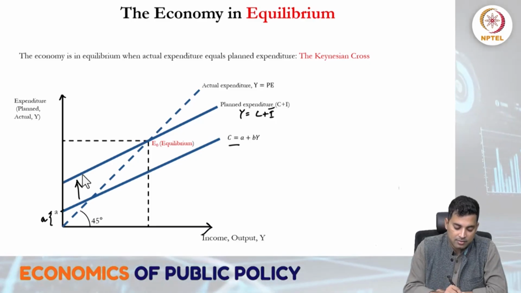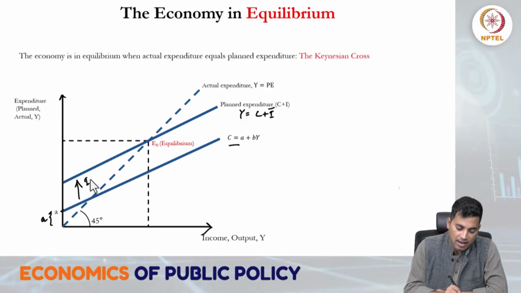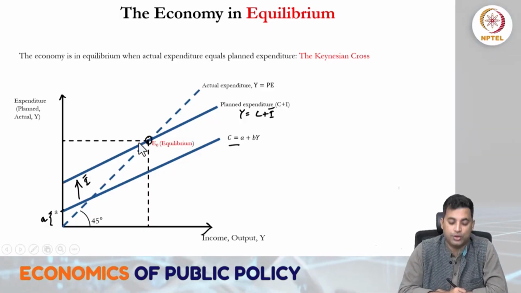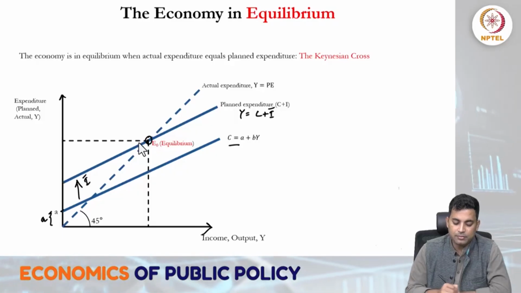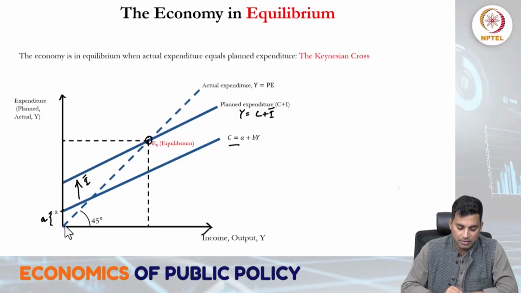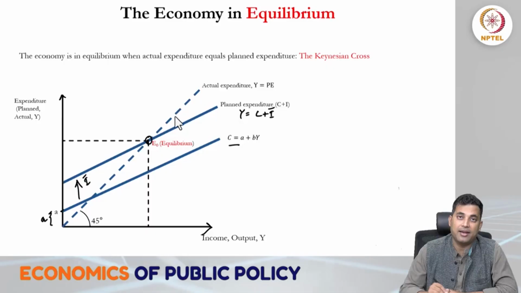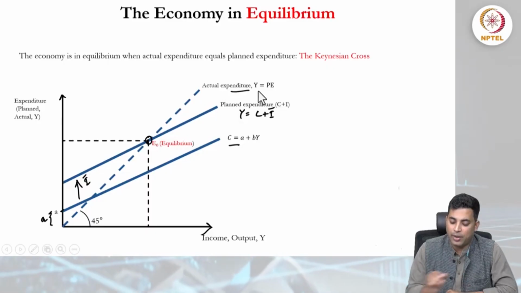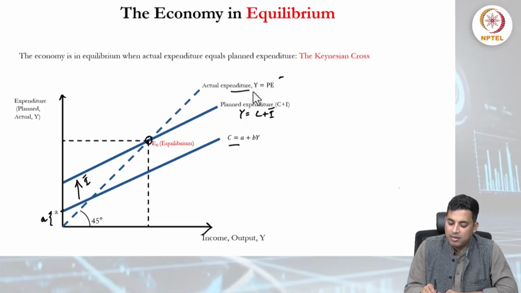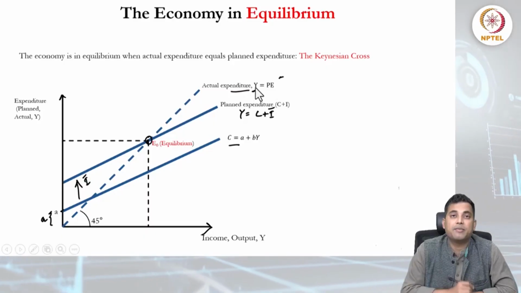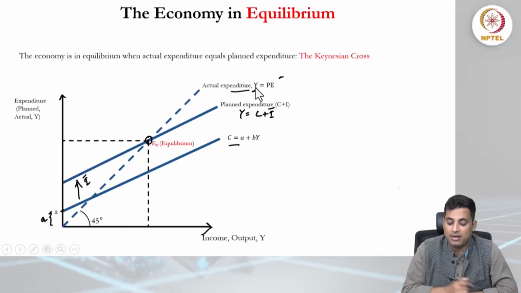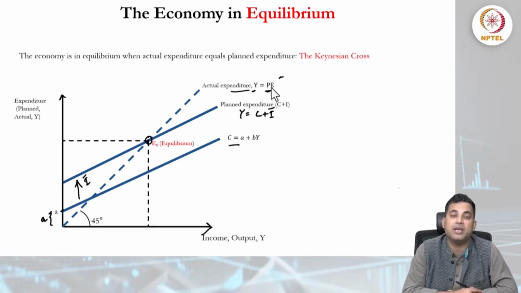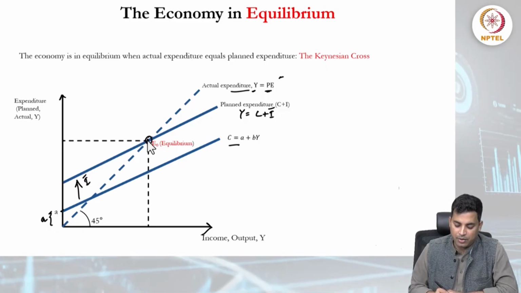So this gap is I bar, and here we get E naught, which is the equilibrium. The blue dashed line represents actual expenditure, where the assumption is that actual expenditure, Y, equals planned expenditure, PE, and that is where we get the equilibrium.